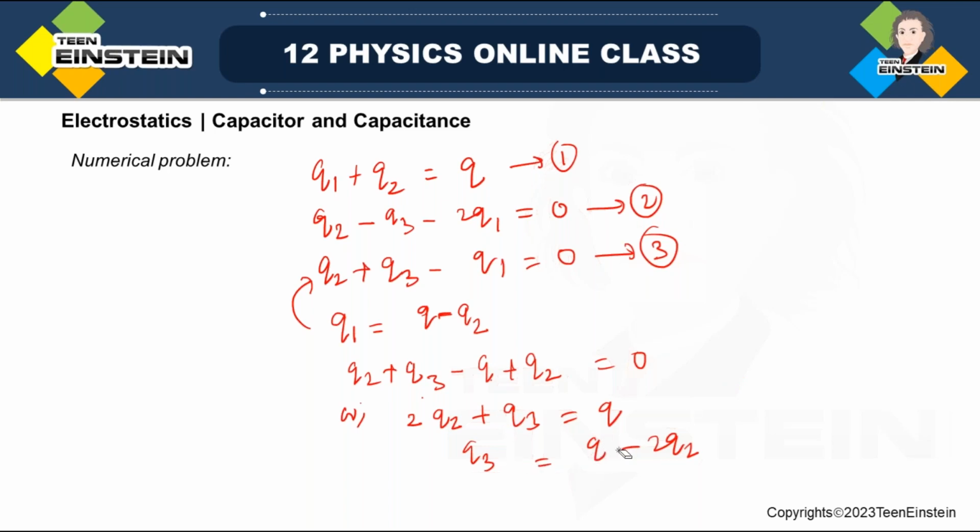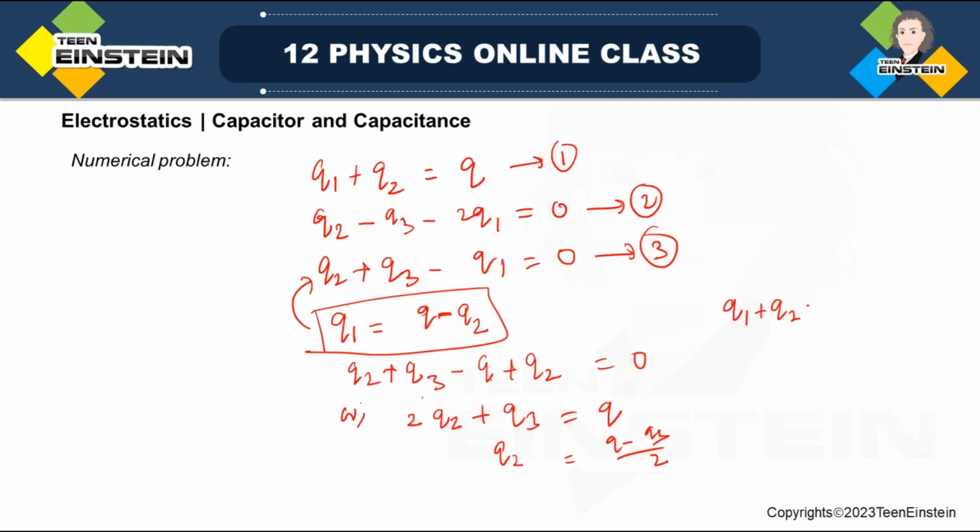From here also, let me find out what is Q2. So this is Q minus Q3 divided by 2. And again, we have got this Q1. Let us just add this to Q1 plus Q2. This will be anyway Q, right?